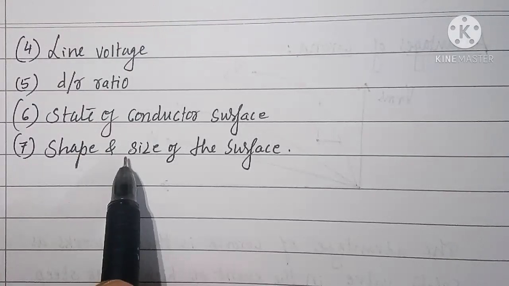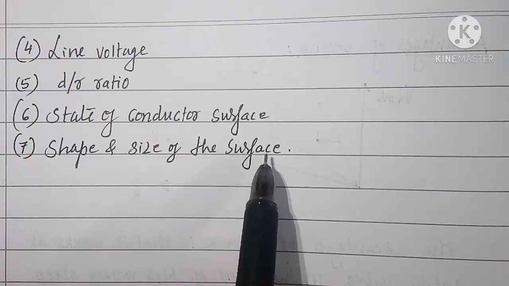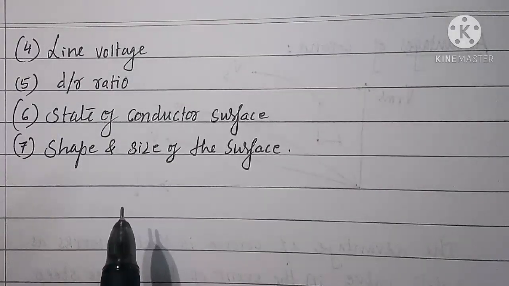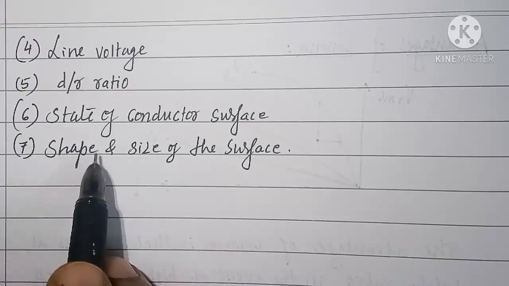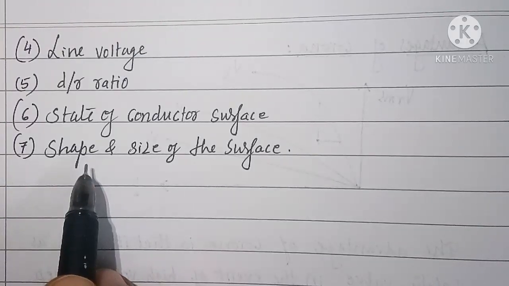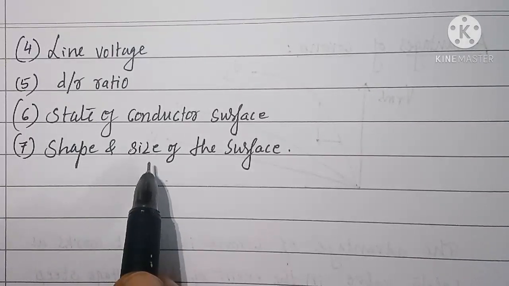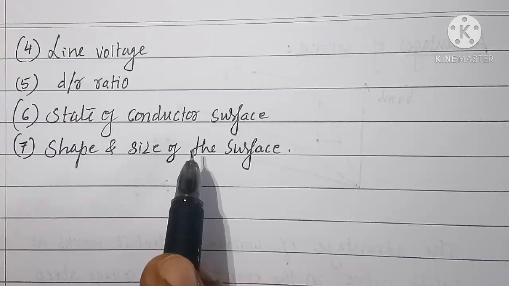Lastly, shape and size of the surface, that is, whether the conductor surface is cylindrical or rectangular, and whether the size is large or small, etc.